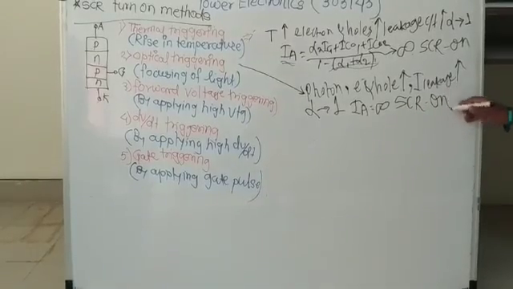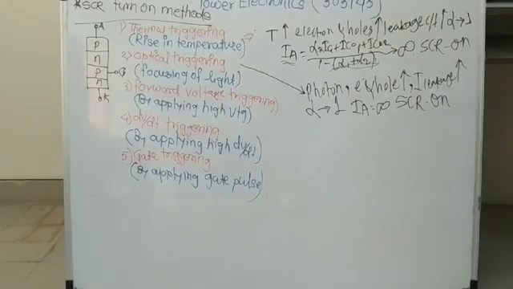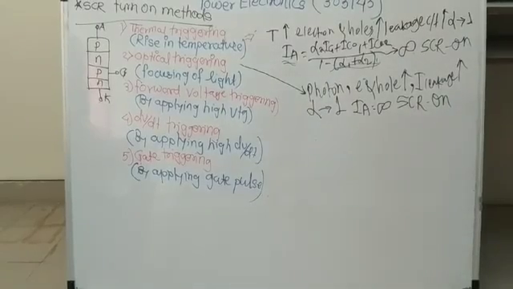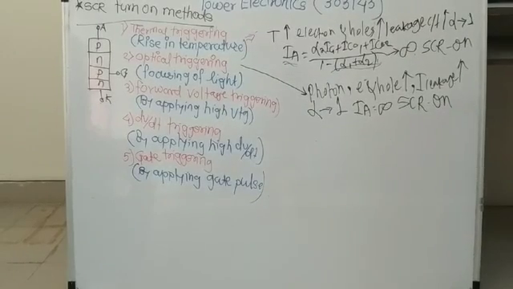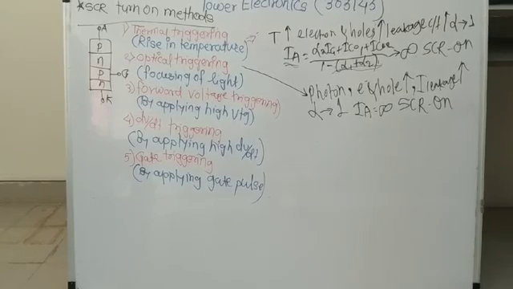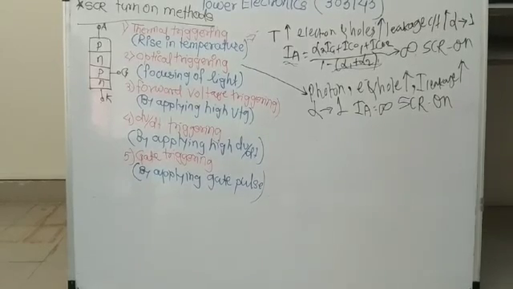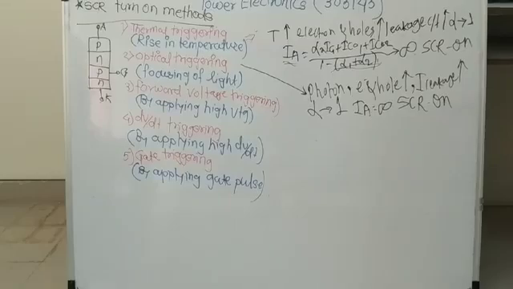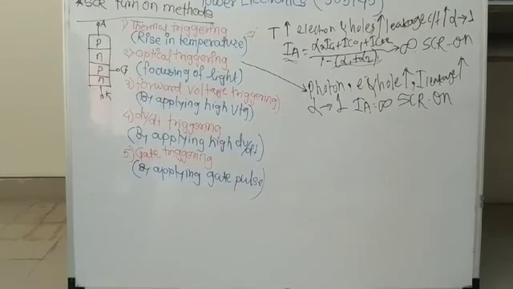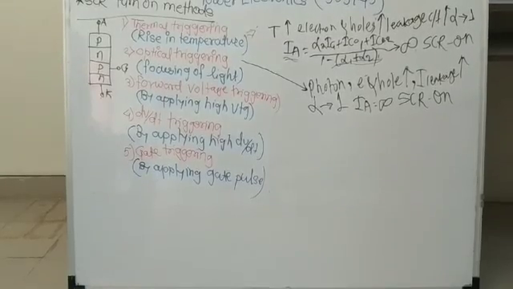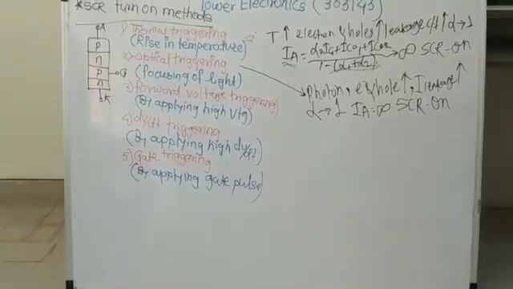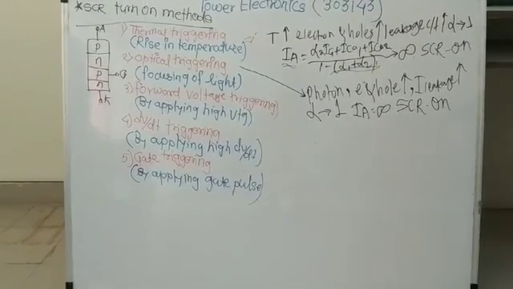In this way, due to optical or light incident on the SCR, it gets turned on, called optical triggering, or also called focusing of light. The turn-on time of the SCR depends totally on how much intensity of light is incident on it.